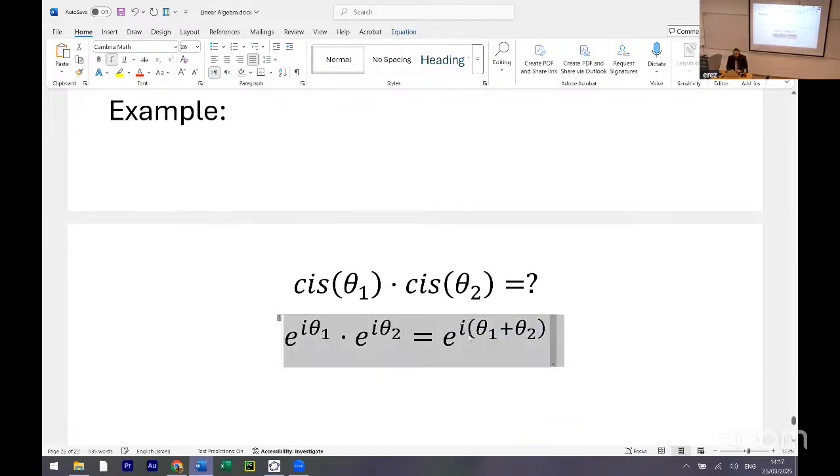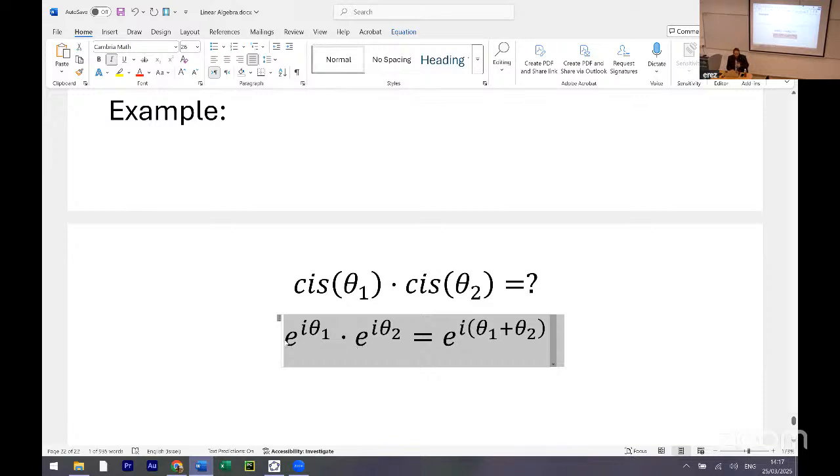Does this convince you that this formula is true? Is it true that cis of theta 1 times cis of theta 2 is actually cis of theta 1 plus theta 2? Because here, what law did we use to do this? Laws of powers of numbers, right?